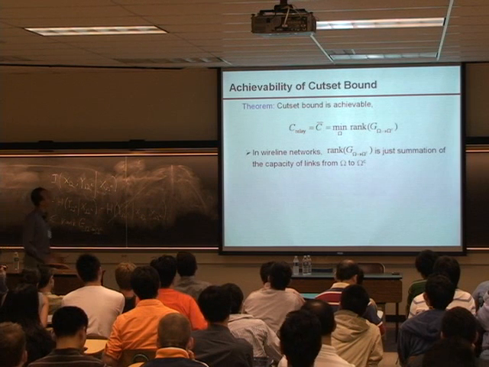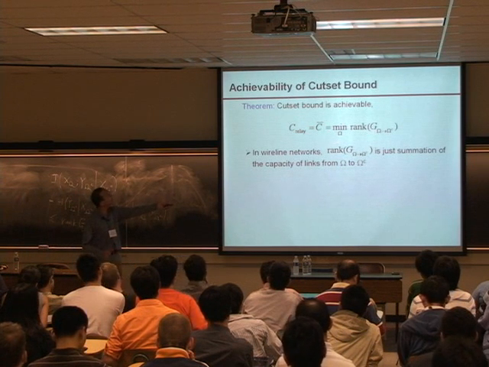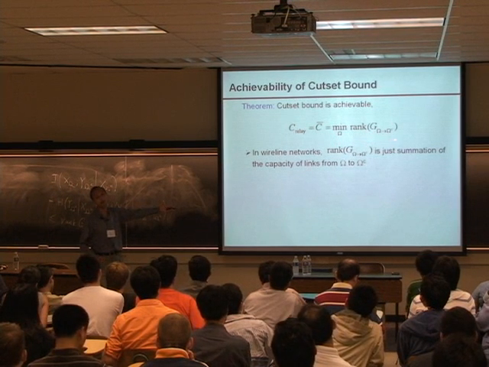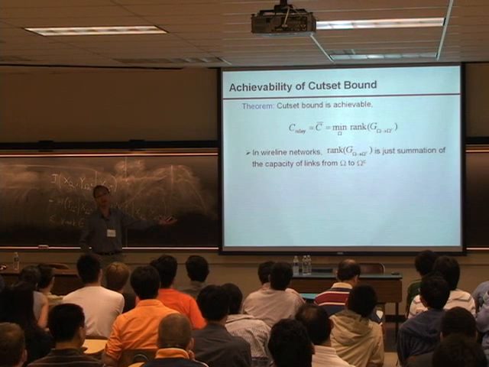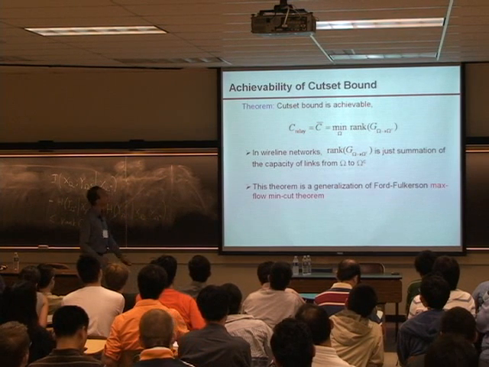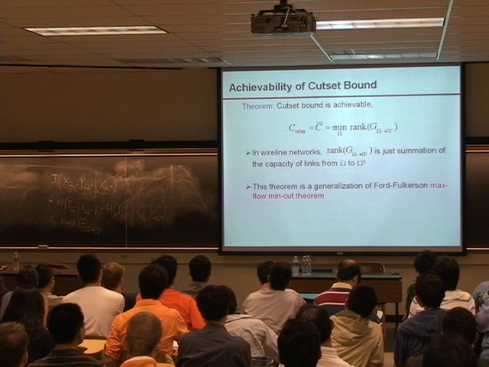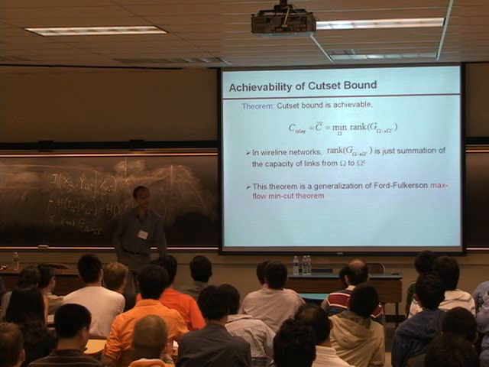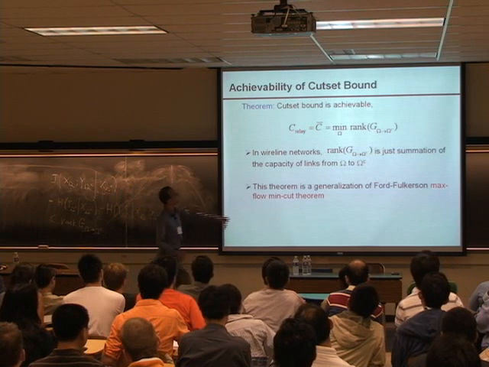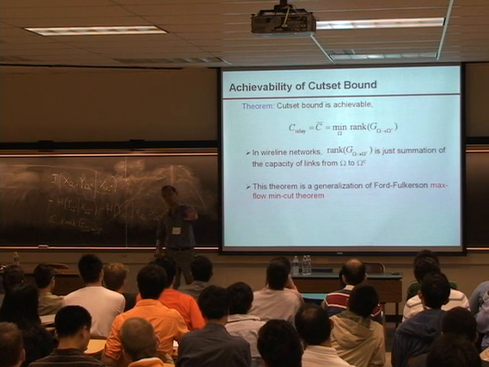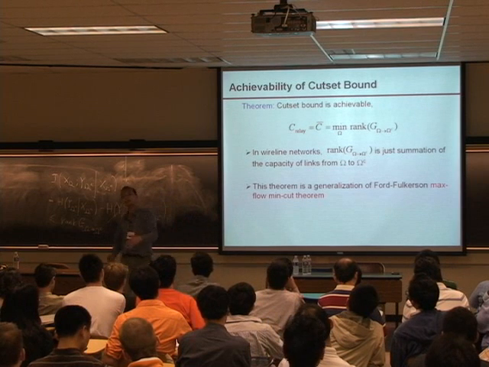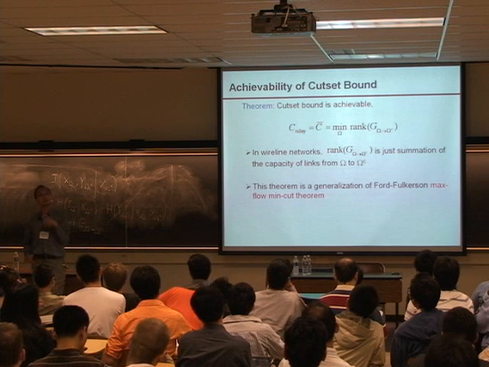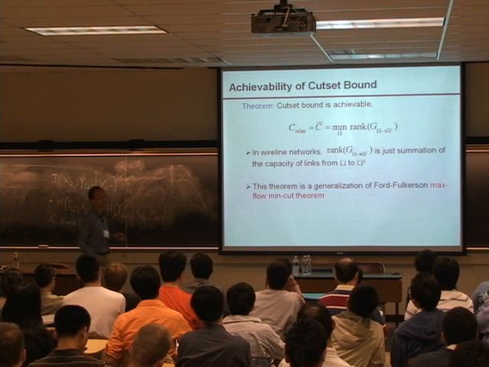So therefore, this number is actually the standard min cut of a y-line graph. Okay. So you can think of this theorem as really a generalization of the famous Ford-Fulkerson theorem, which says that the maximum flow from the source to the destination is equal to the minimum cut, where a cut is defined as the total number of unit capacity links that cross that cut.